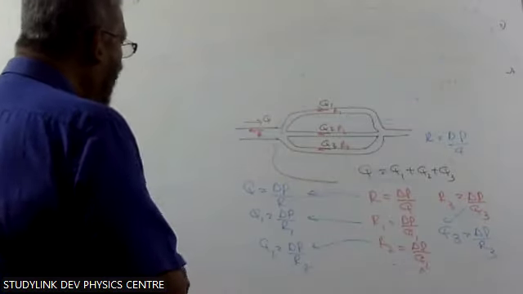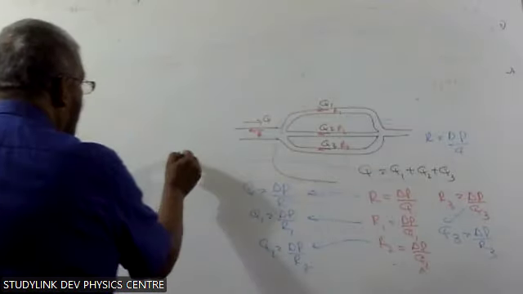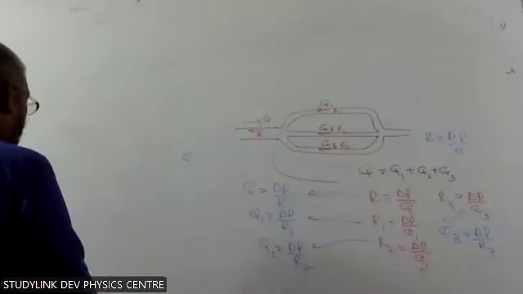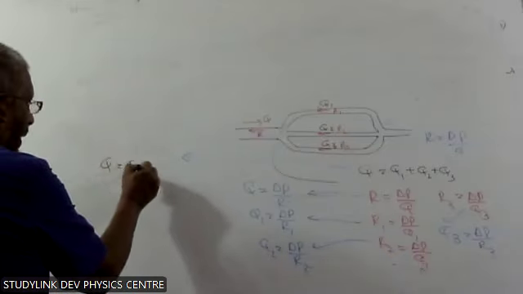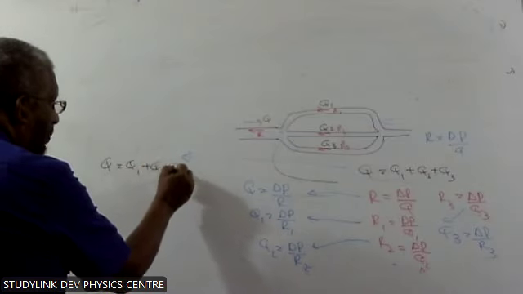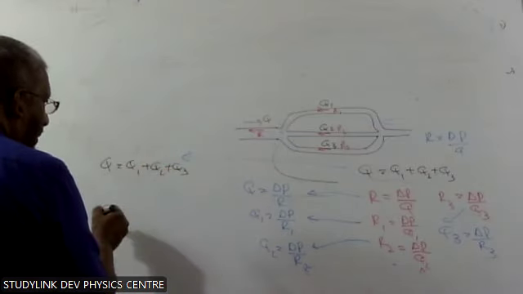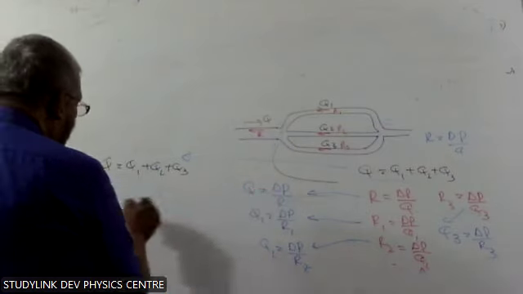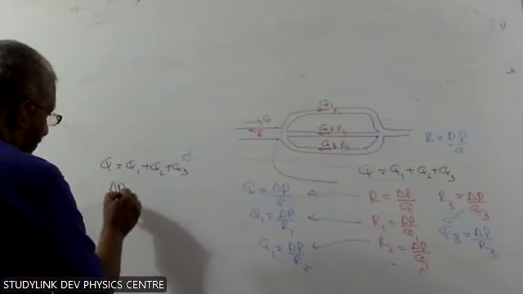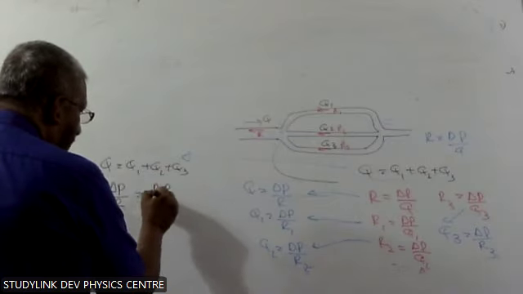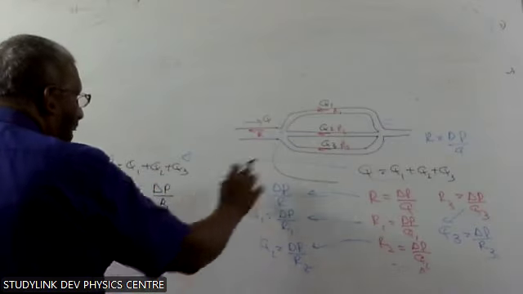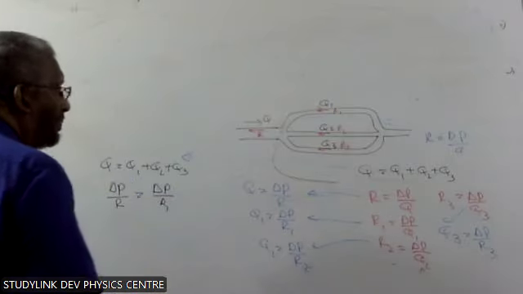Then what I do is I use this equation. When I use that equation, Q is equal to Q1 plus Q2 plus Q3. Q is delta P over R. Q1 is delta P over R1. Delta P, the pressure difference, is the same.